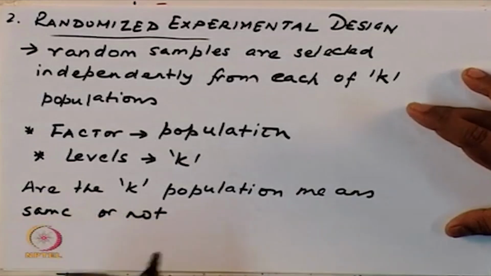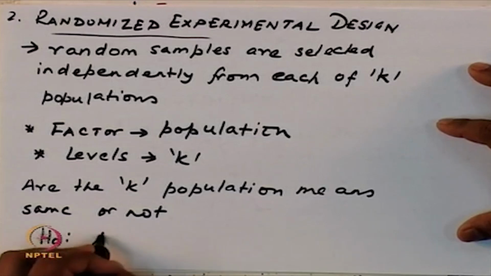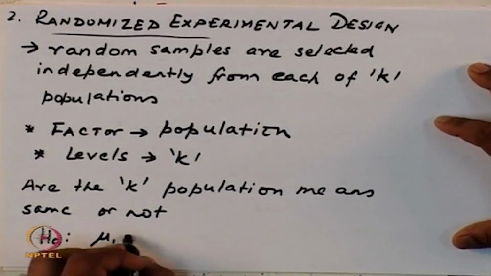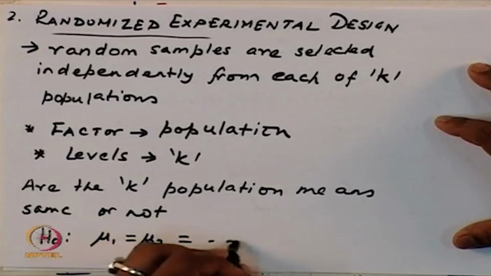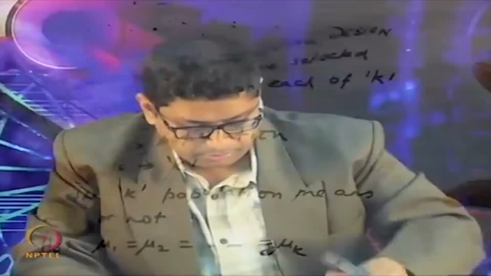Okay. So, essentially you want to test the hypothesis that if you have k populations, you want to test mu1 equal to mu2 equal to mu k.